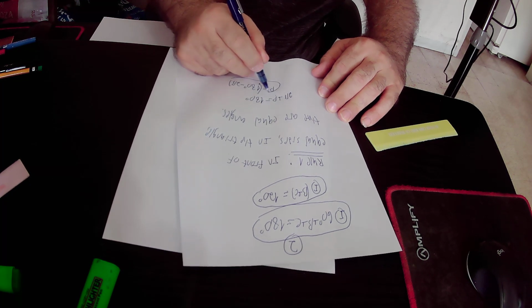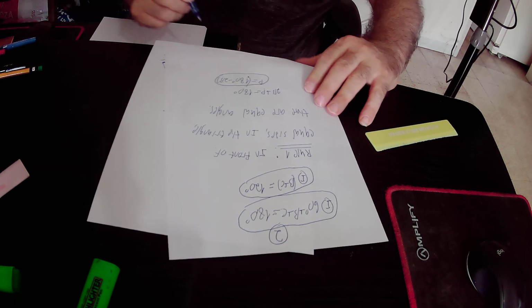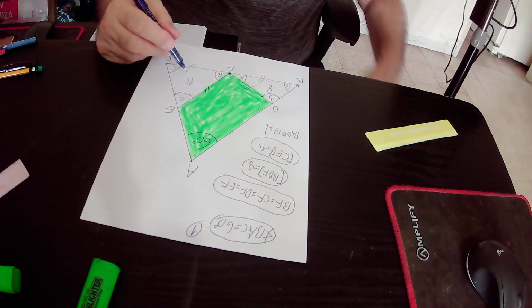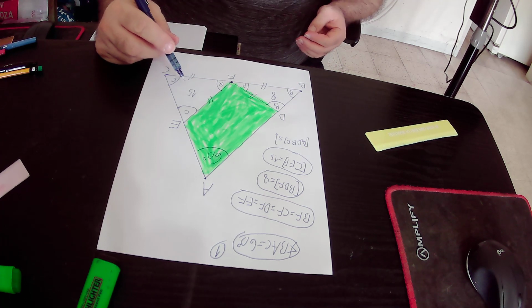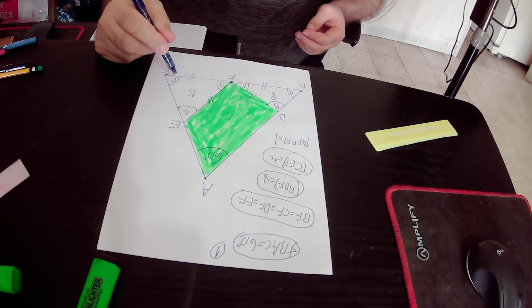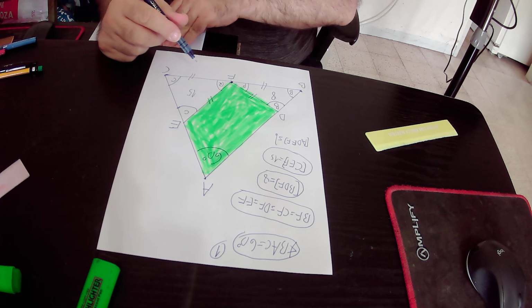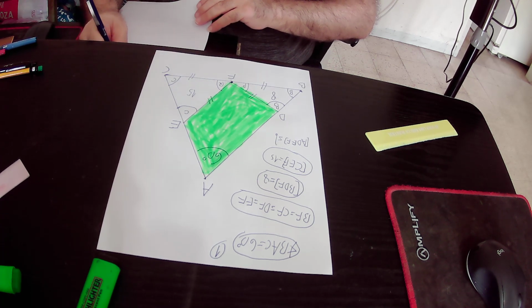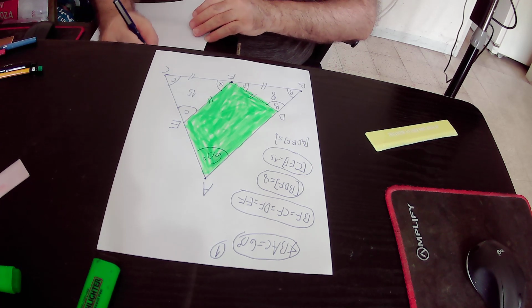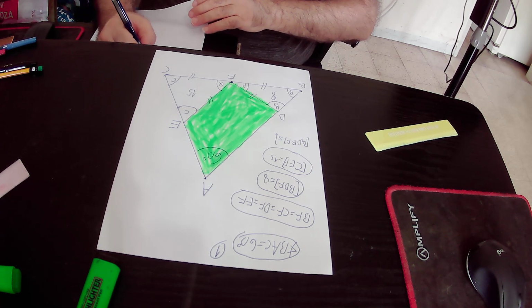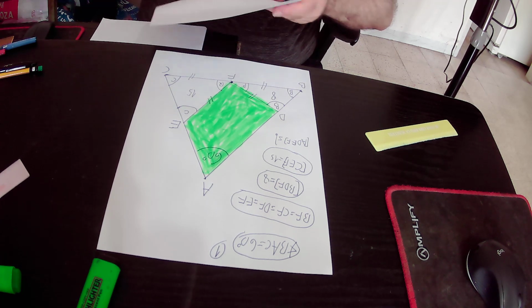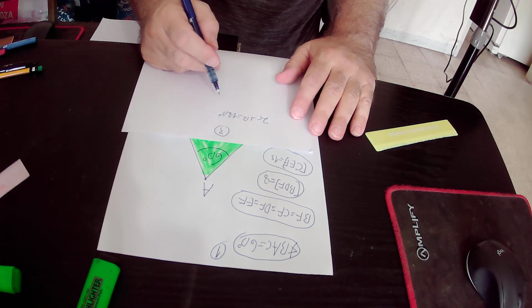And in triangle EFC, the sum of the angles equals 180 degrees. Therefore, 2C plus Q must be equal to 180 degrees.